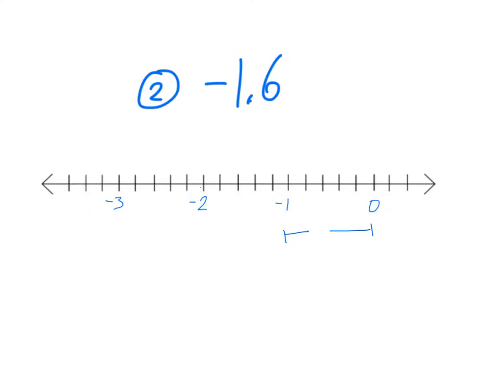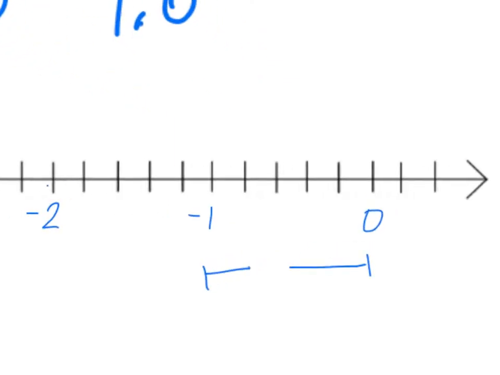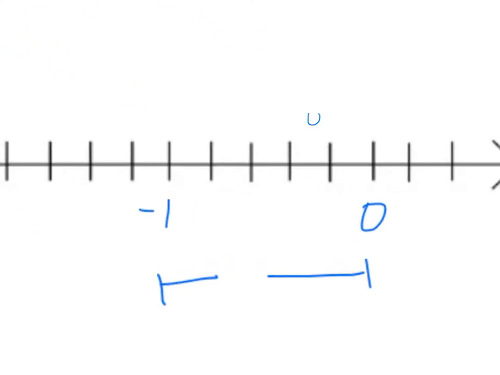That would mean each one of these little marks is worth 0.2, or in this case a negative 0.2. So that'd be a negative 0.2, a negative 0.4, a negative 0.6, a negative 0.8, and that would be our negative 1, which is already there.